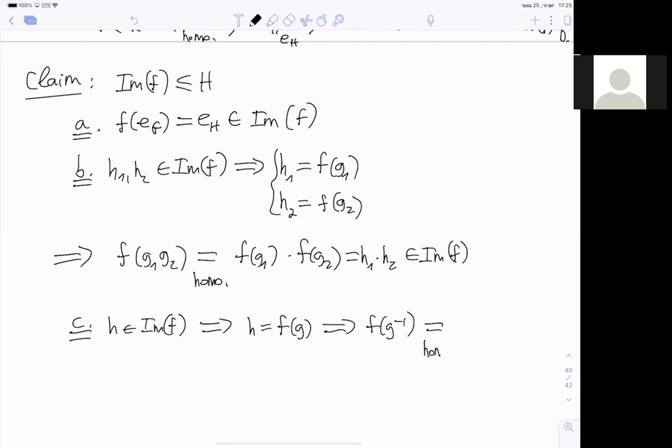Since f is a homomorphism, it's f of g, inverse. So what is the source? So it is h inverse. So we have a source to h inverse, so it also belongs to the image. So if we have an element, then also its inverse belongs to the image. So it's a subgroup.